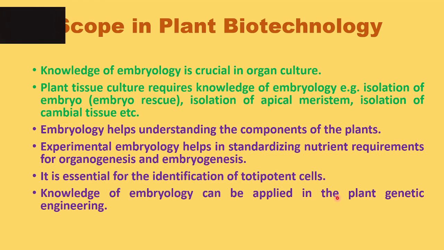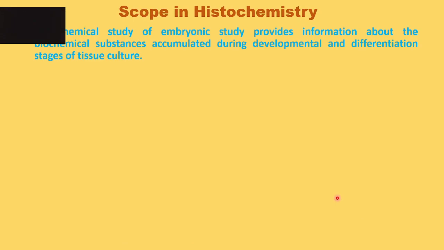Knowledge of embryology can be applied for plant genetic engineering. This is again the most advanced part of biotechnology, and for this purpose also we must have knowledge of embryology, at least basic knowledge. Then embryological data is applicable in histochemistry also.